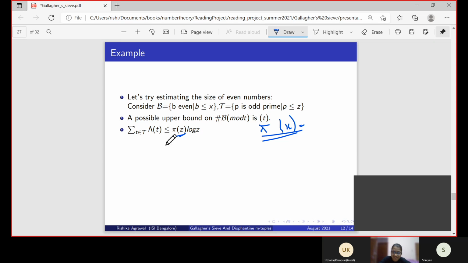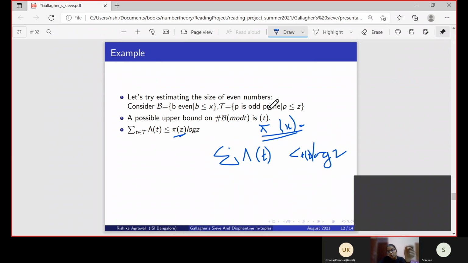Okay, so how I have considered this bound is very clear. Lambda of t is log p or 0. So in both cases, log p or 0 are less than log z because we are considering the primes that are less than z. So lambda of t is less than log z, and then when we sum over all the t in T, we multiply it by the number of primes that we have.